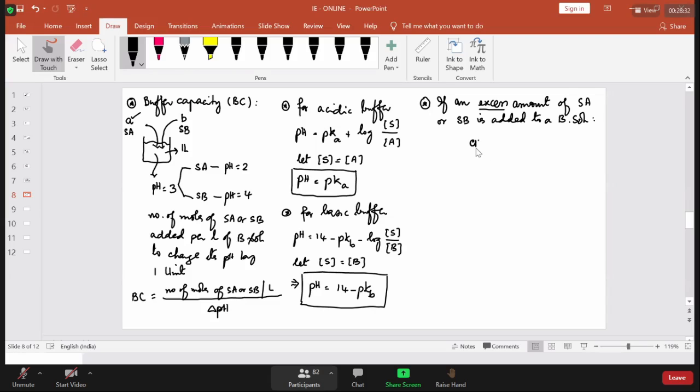Who is that fellow? Our old friend, acetic acid plus sodium acetate, CH3COONa. Who are dancing in the container? In the container, acetate ion is dancing along with sodium ion, and we have CH3COOH also, the unionized form. All three are dancing in the container.